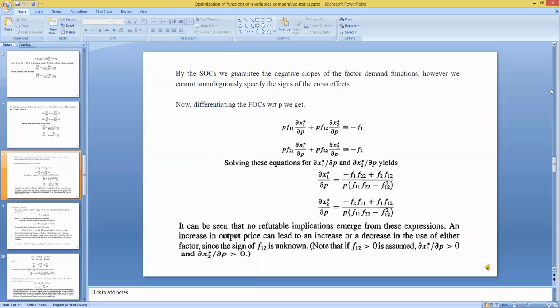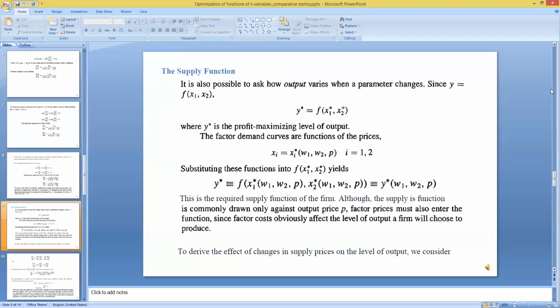So we stopped here. We derived del x1 star by del p. And this will be your homework to derive all del x2 star. This entire exercise in terms of x2 star you can do. So next we are moving to the supply function.